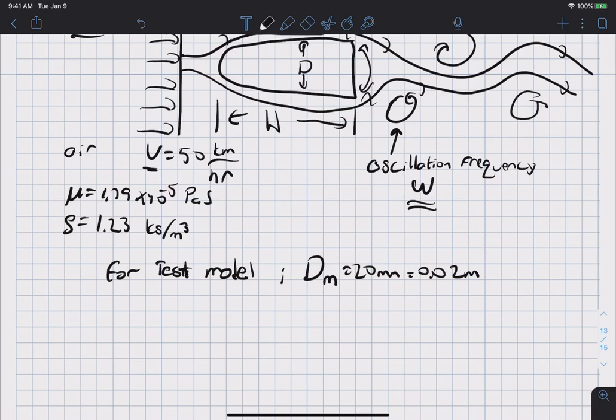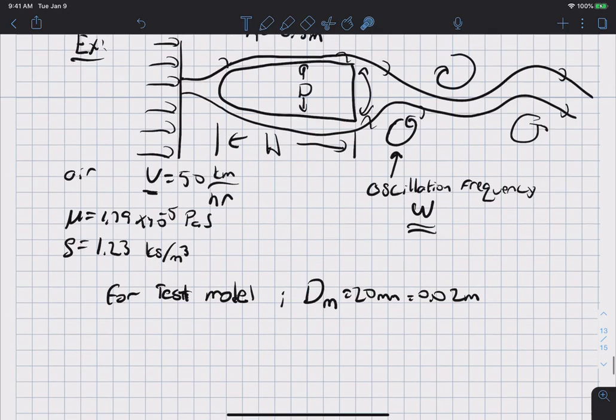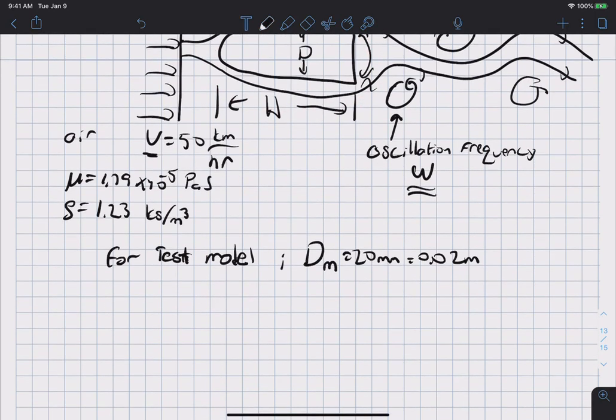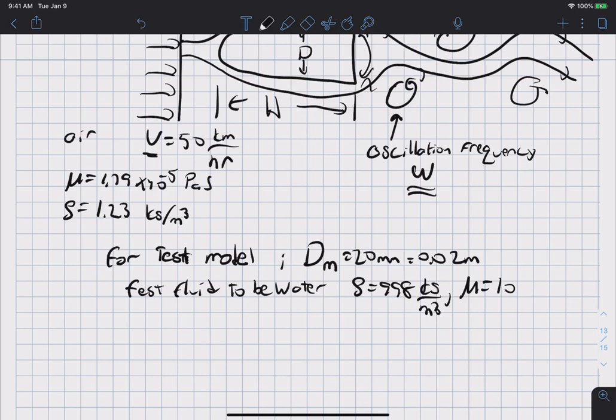And in the model, which is going to be geometrically similar to the real strut, we're going to choose the test fluid to be water, where rho is equal to 998 kilograms per meter cubed, and the viscosity equals 10 to the minus 3 Pascal seconds.